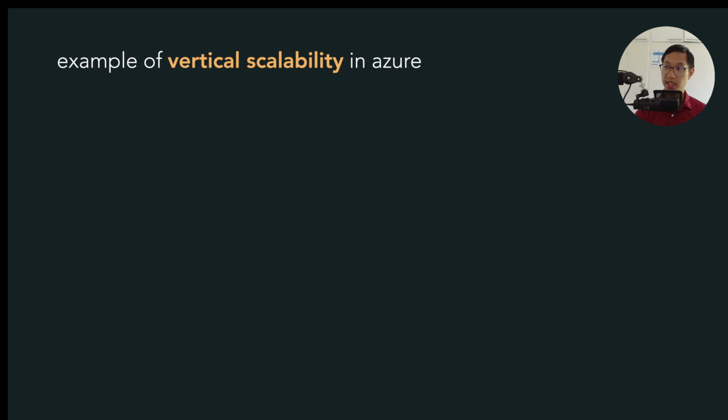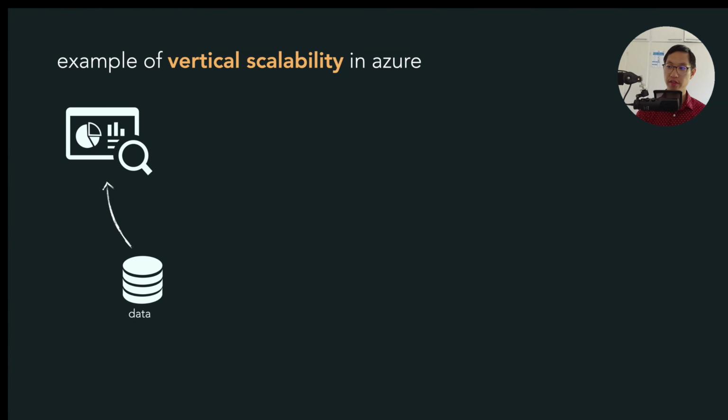So an example of vertical scalability in Azure. Let's say we have a data analytics job that will serve a dashboard, and a lot of data comes in, a large batch of sales data to process. When you have a large batch of sales data, it doesn't help to have several computers.